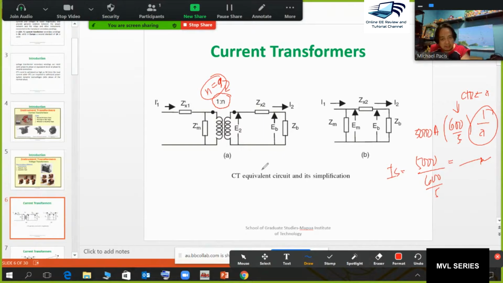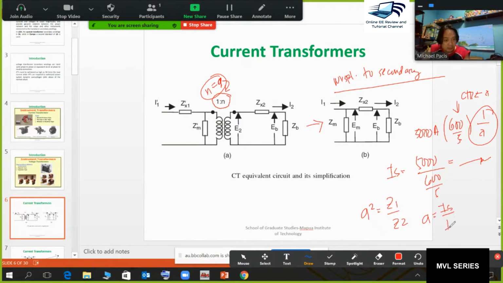So this is the whole circuit, and we transform it with respect to the secondary side of the transformer. You can still recall some of the transformation ratios, right? A squared is simply equal to Z1 over Z2. Another transformation ratio, in terms of your secondary, is I2 over I1, which is equal to V primary over secondary.